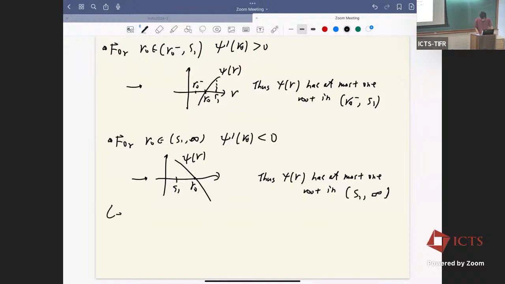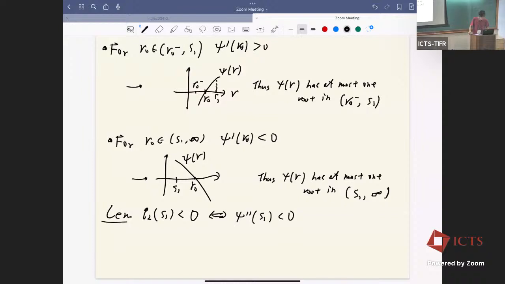And also we see that Q2, which is related to psi double prime at S1, is negative. So this means psi double prime at S1 is negative.